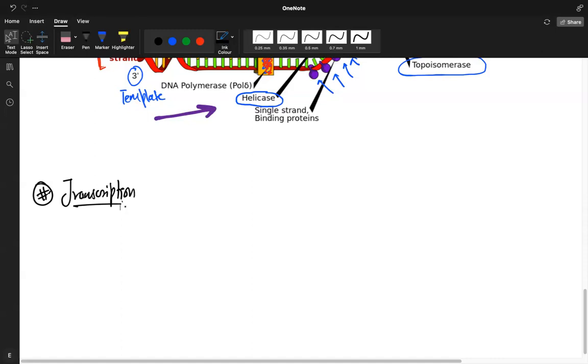What are we making? RNA. How do we make RNA? Similar way we made DNA. Here, instead of deoxyribonucleotides, we will use ribonucleotides, right? AUGC, not ATGC. There's no thymine in RNA.